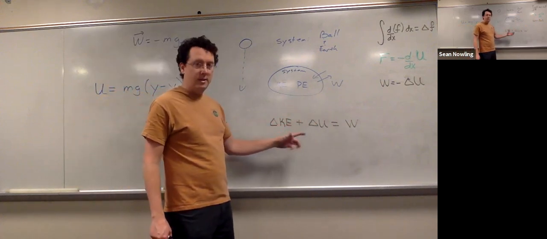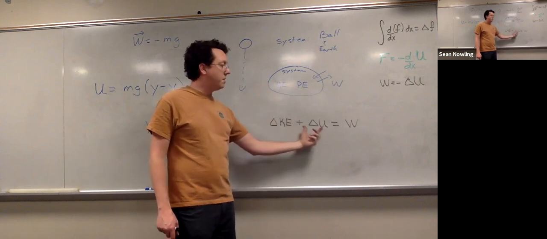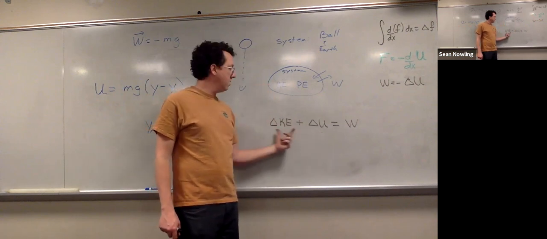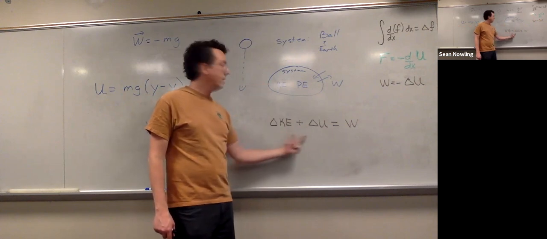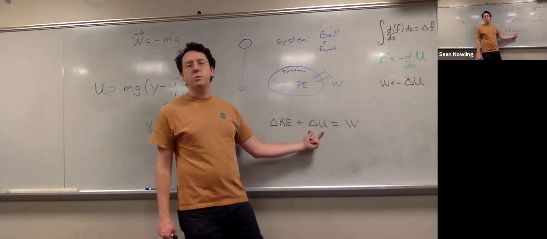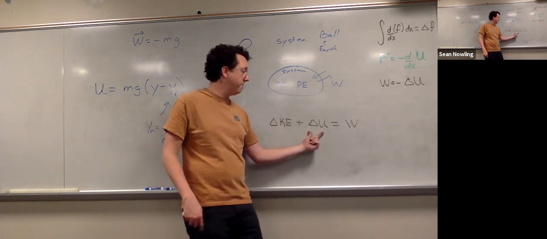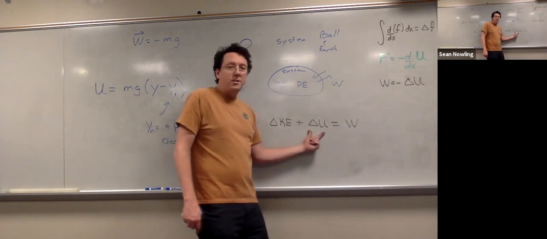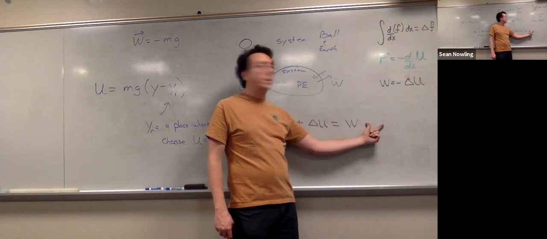If you think of gravity as being inside the system, then you have a potential energy, and it appears grouped with a plus sign and is next to kinetic energy. If, on the other hand, you choose to make the system be the ball alone and gravity is outside the system, then this term has to be grouped over here with work, and you pick up a minus sign.